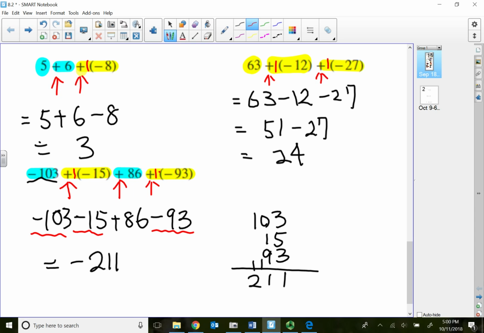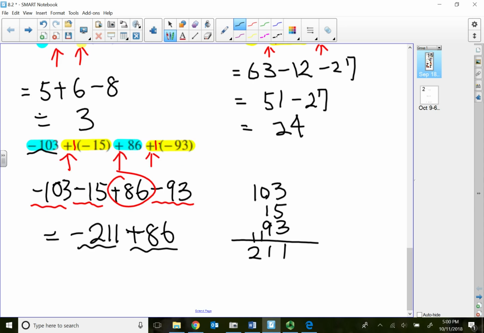All right, the positive 86 is still there. So now, negative 211 plus 86, two terms with different signs, mentally we will subtract. So if I take 211 subtract 86, that's 11 minus 6 is 5. This is going to be 10. This is going to be 10 minus 8, which is 2.